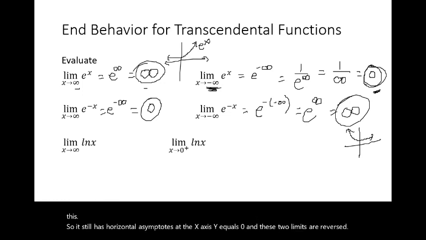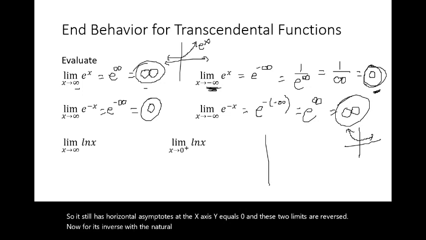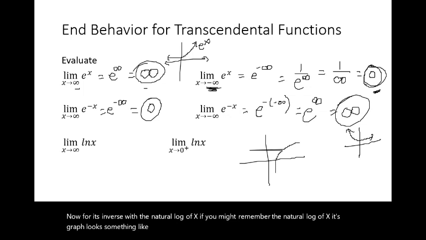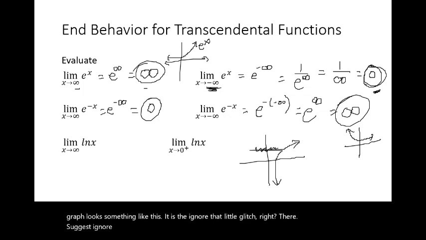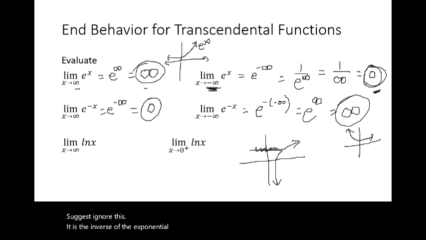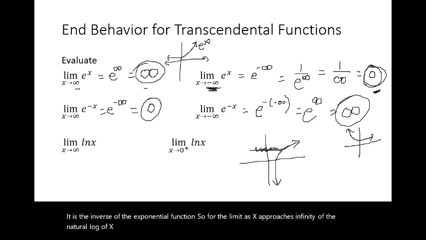Now for its inverse, the natural log of x, its graph looks something like this. It is the inverse of the exponential function. So for the limit as x approaches infinity of the natural log of x, this is a very slow increase, but it is still increasing.